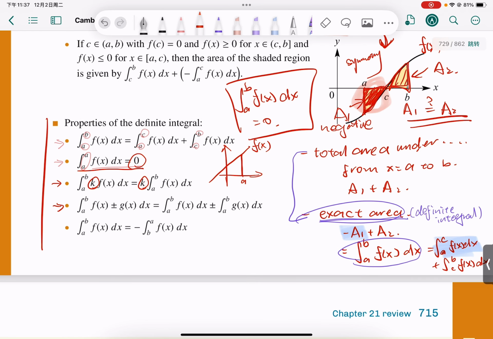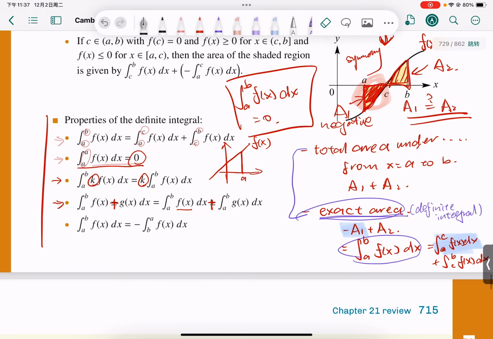Let's look at plus first. If it's plus, then it tells us that if we have two functions, the integral of the sum of the two functions is equal to the integral of one function plus the integral of the other function. Same for minus: the integral of f(x) minus g(x) is the same as the integral of f(x) minus the integral of g(x).